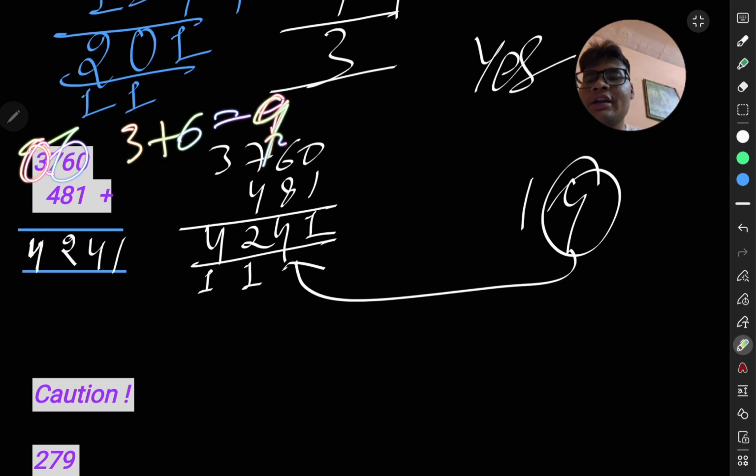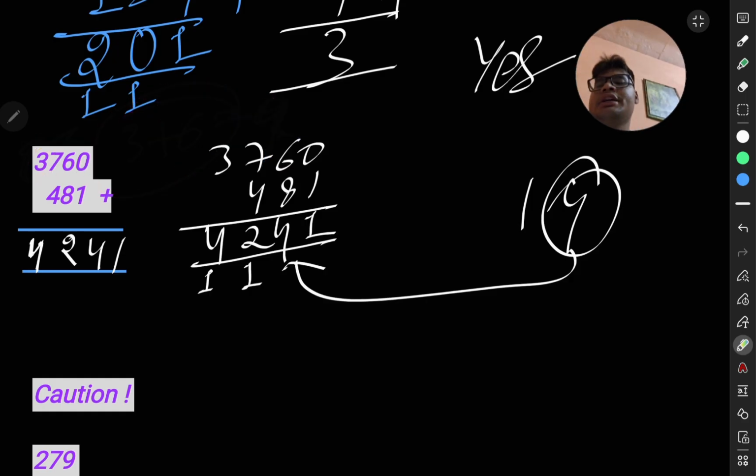So we have to cast out these two figures, 3 and 6. Also we will cast out this 0, so the only remaining figure is 7. So our digit sum will be 7. So we write here this 7.